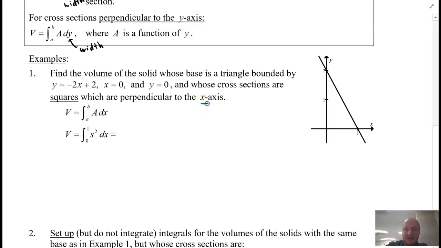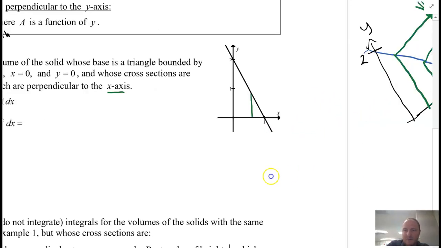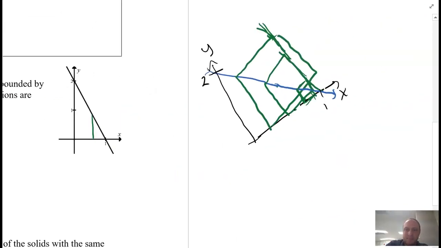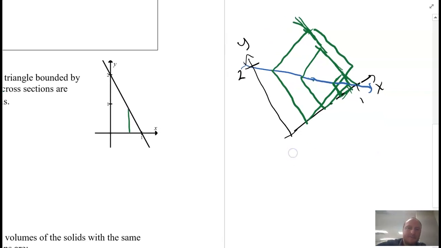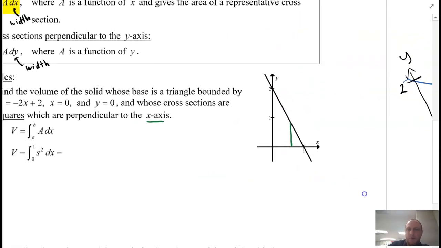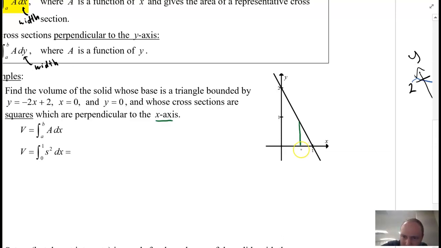So they tell us it's perpendicular to the x-axis, which means that if I was to slice this base into infinitely many cross sections, which are all squares, they're kind of popping out, and they would look something like this. The width here is going to be delta x or dx. Okay, so that's the width.